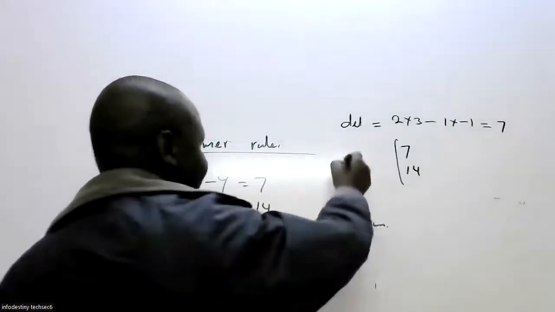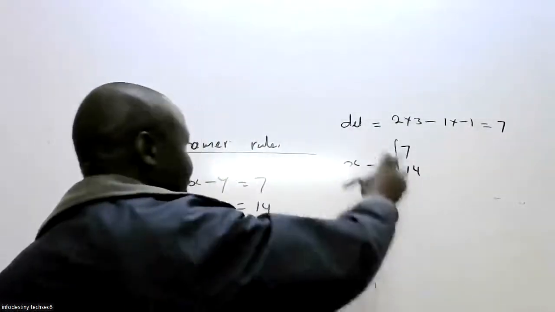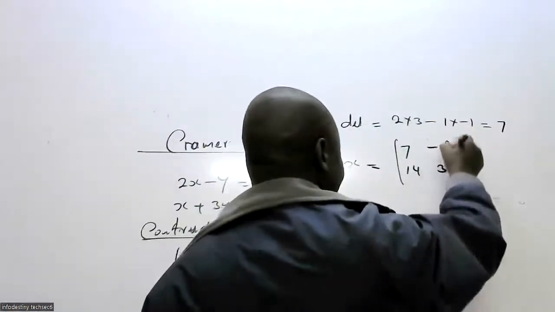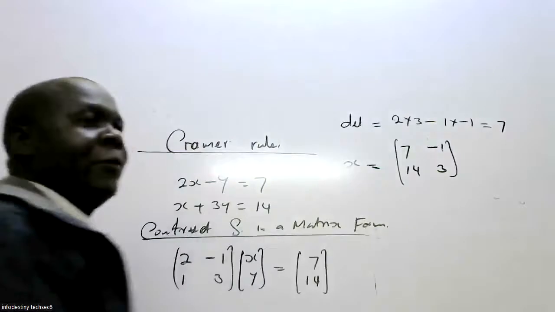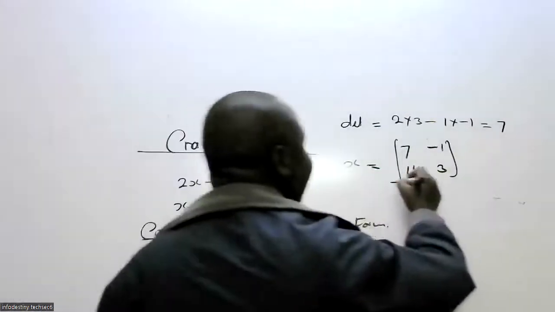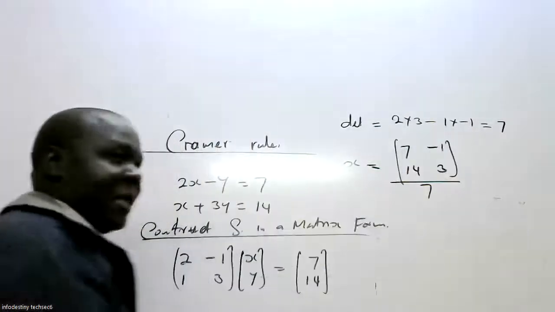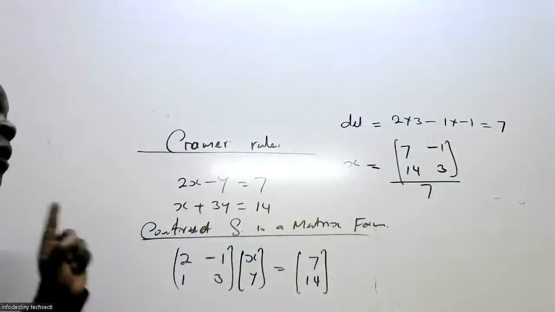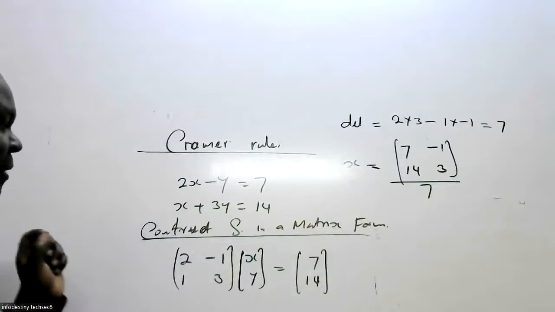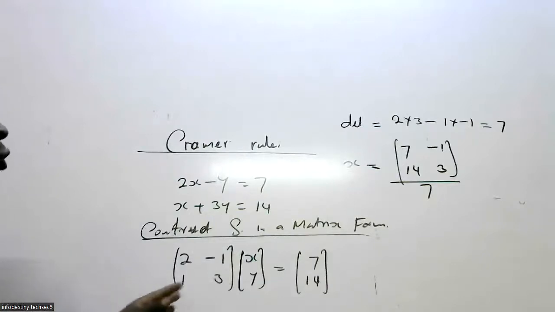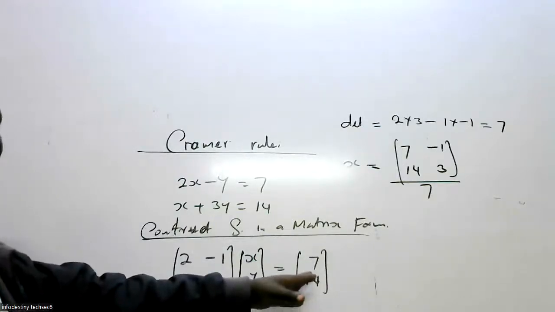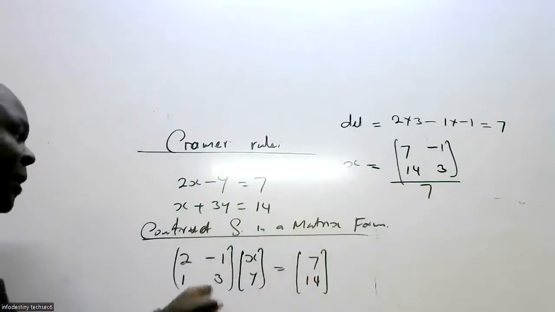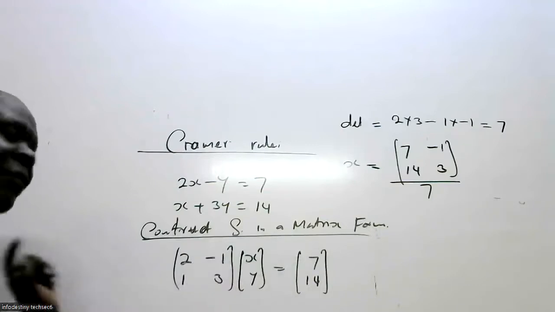We say x will be equal to 7, 14, then -1, 3, and we divide this by 7, the determinant. So the product is the one you replace, the other column remains constant, and then we divide everything by 7.